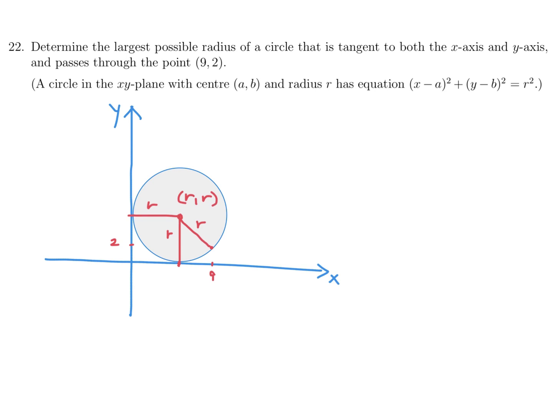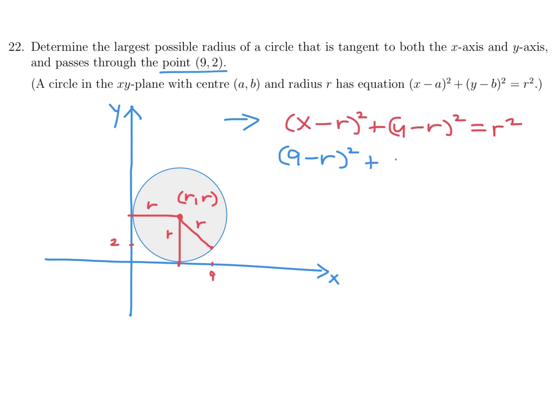According to the formula for a circle, it's (x minus r) squared plus (y minus r) squared equals r squared. We also know that (9, 2) is on the circle, so I can sub (9, 2) into there: (9 minus r) squared plus (2 minus r) squared is r squared.